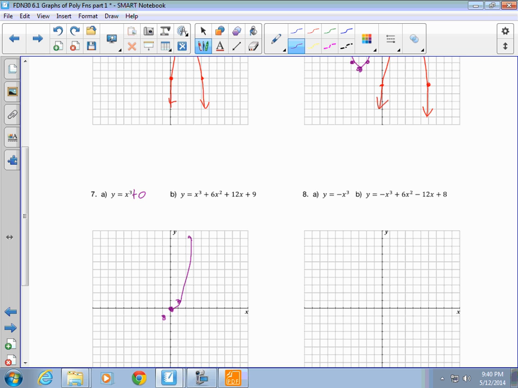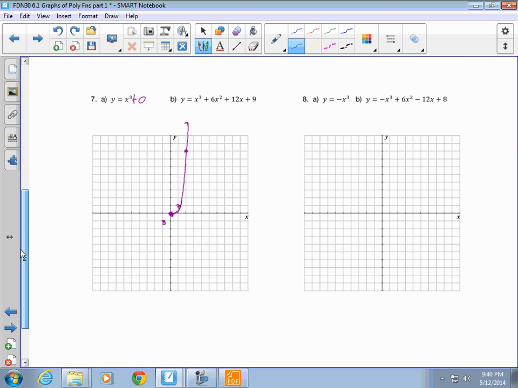Oh, I do have a point up here, and then going down, like so. So that's y is equal to x cubed.